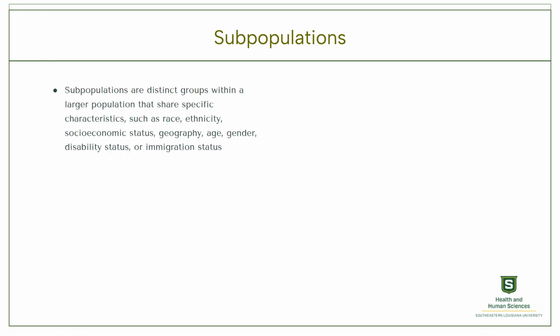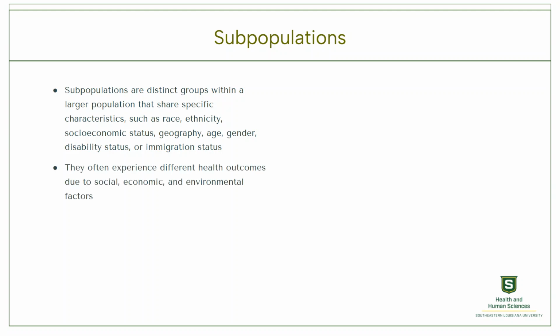So, what are subpopulations? They are distinct groups within a larger population, and what makes them distinct is that they share specific characteristics such as race, ethnicity, socioeconomic status, geography, and gender. These characteristics usually make them more vulnerable than the larger population.